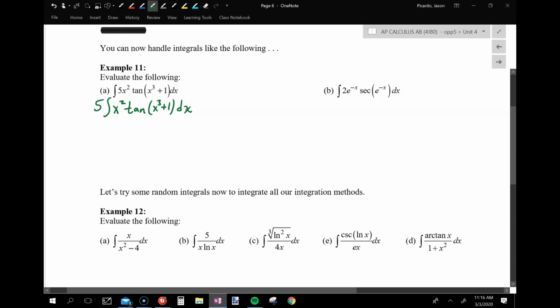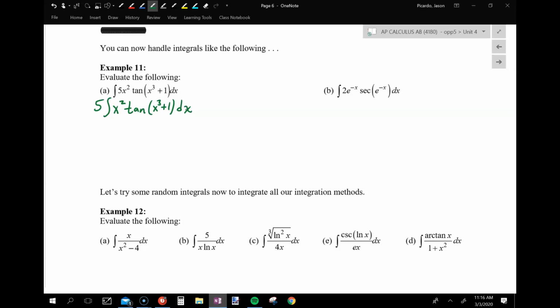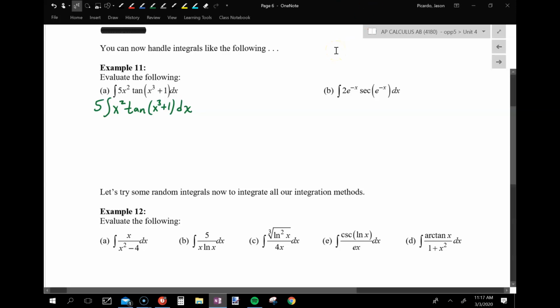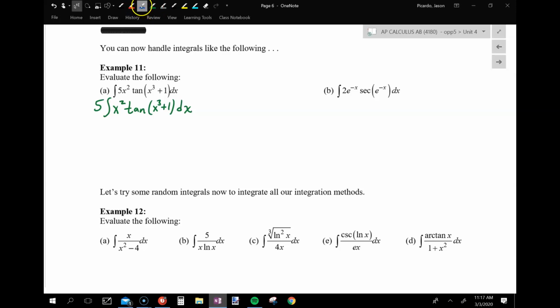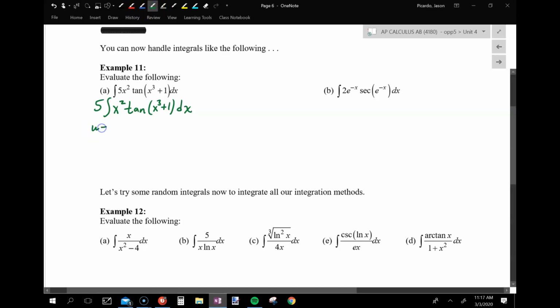Since it's a U sub problem, what are you thinking? Your gut. You want to go with x cubed plus 1. All right. Brandon wants to go with x cubed plus 1. Very good, B.